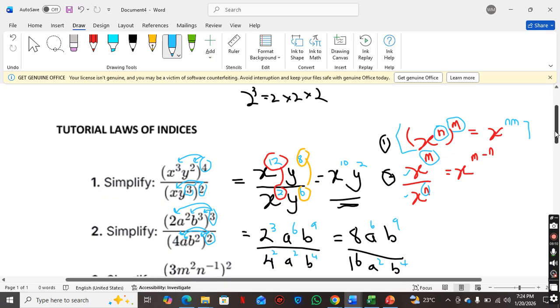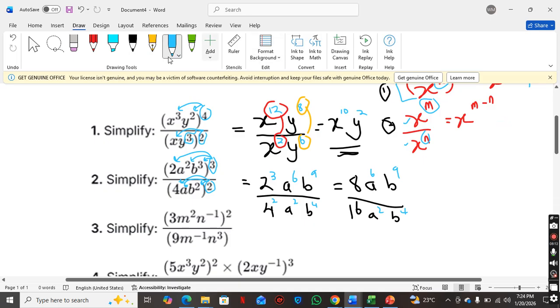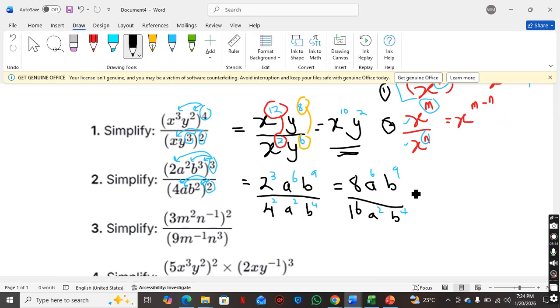Then now we can simplify our expression here. 8 can go into itself 1 time. 8 can go into 16 2 times. So we have 1 over 2.